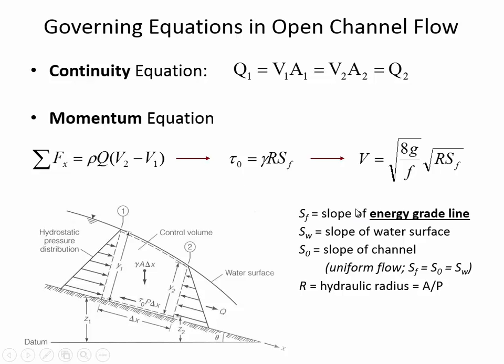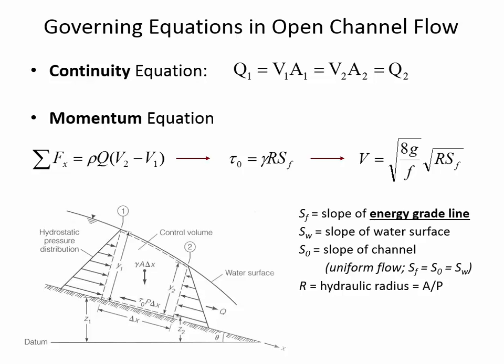So there it is. There's three different slopes pictured on this diagram. This is important. You should put this off to the margins. You should draw what are the three different slopes. Okay, so the slope of this surface is S naught, slope of the channel. You can have a little tag coming off of it, S naught, slope of the channel. You can see that the water surface also has a slope.